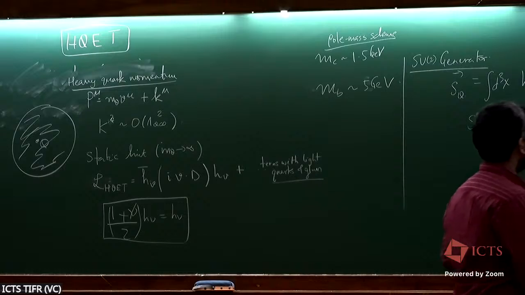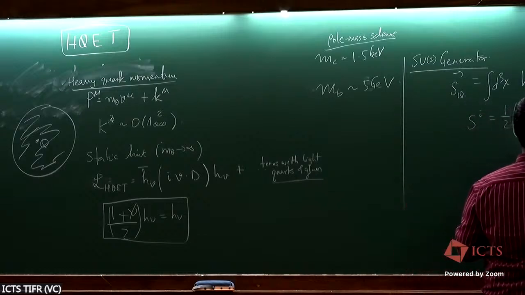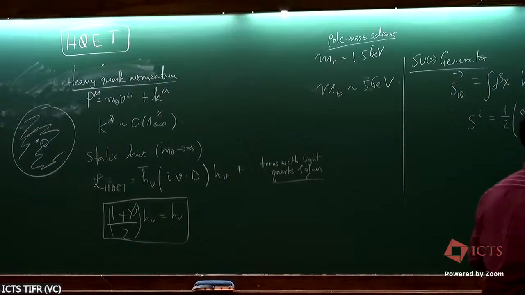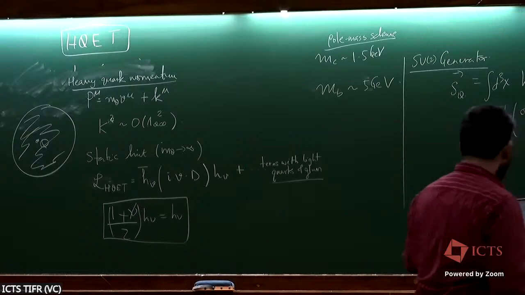There is also an expression with finite velocity. It is written as gamma 5 v slash e_i slash, where the hadron rest frame corresponds to (1, 0, 0, 0). And this e_i is an orthonormal vector, satisfying the condition e dot v equals 0. So I'm defining a set of e_i polarization vectors which are orthonormal to my velocity. But let us work with this case. This is easier to see.